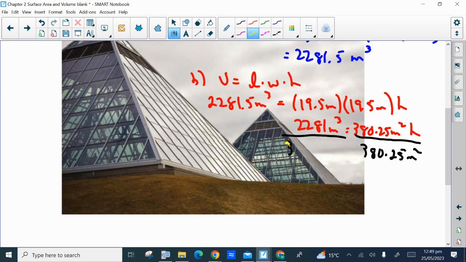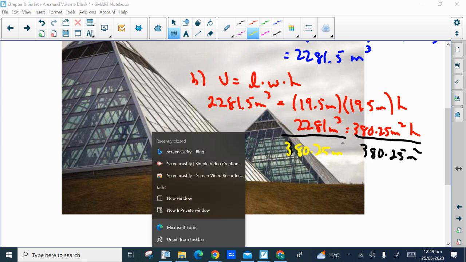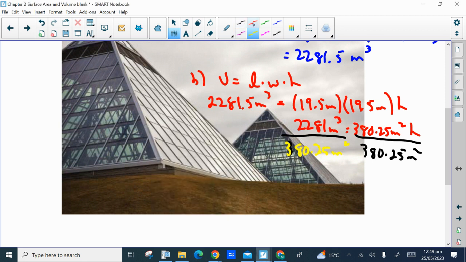So on the right side, the 380.25 meters squared will cancel. You'll have h by itself.